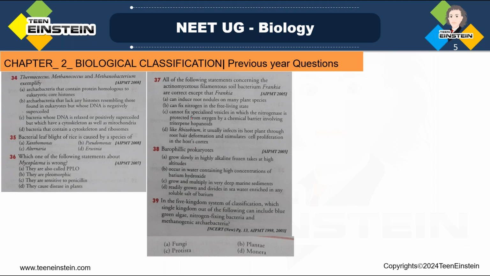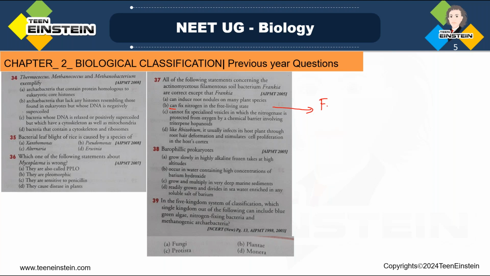See, we read these four statements, right? About Frankia, the statement B, Frankia can fix nitrogen in the free living state, is the incorrect statement. And how can we correct the statement here? The incorrect statement can be corrected like this: Frankia is a nitrogen fixing symbiotic bacteria. Okay.